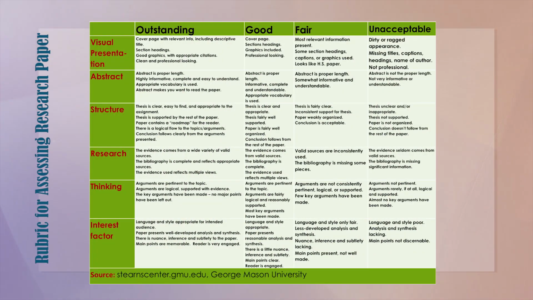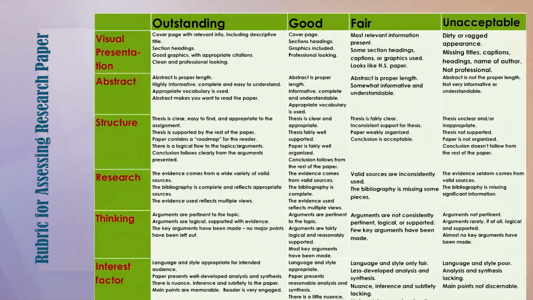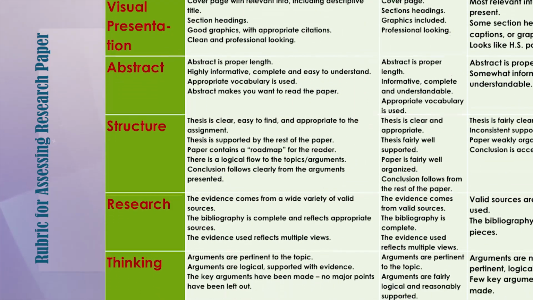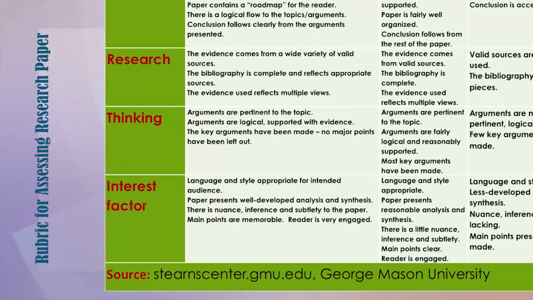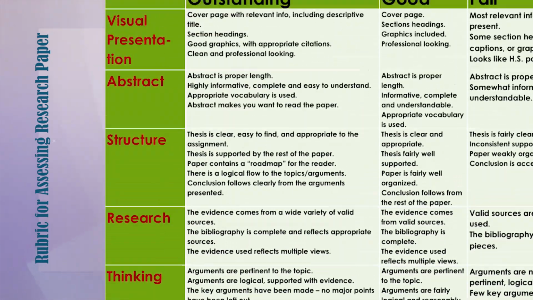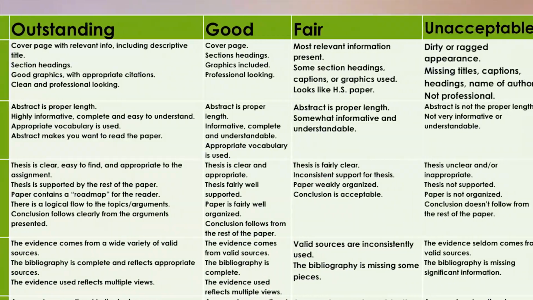Let us see an example of a rubric which is available on the website of George Mason University. The rubric shown on the screen is for assessing a research paper. As you can see, this is a grid-like structure and on the left side the criteria are listed and on the top of each column the scale levels are written.